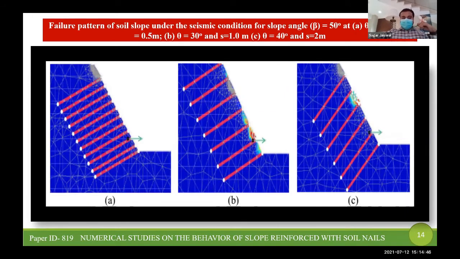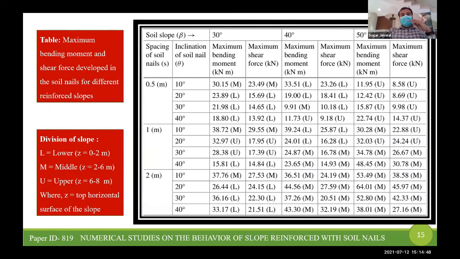And at last, the bending moment and the shear force have been noted in the soil nails. Here M is the middle part, L is the lower part, and U is the upper part of the soil nails.